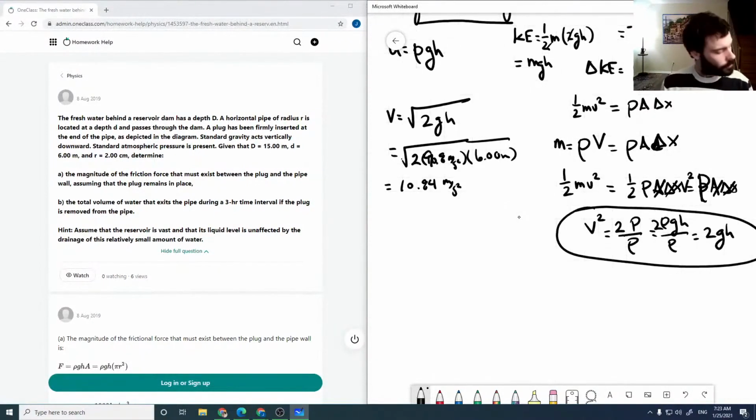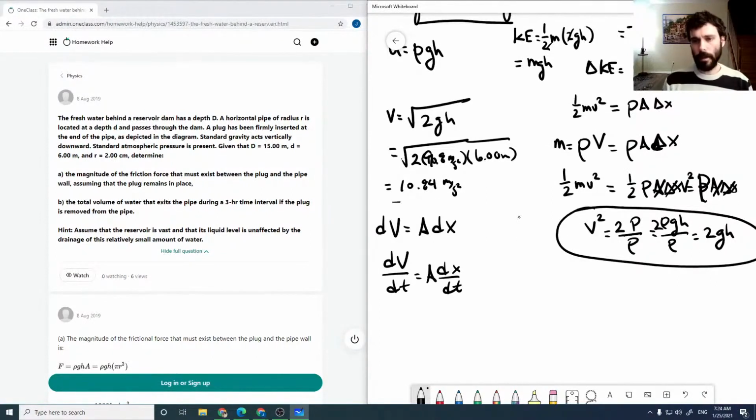So our change in volume, we used as our area times our dx. So our change in volume with time is our area times dx by dt. So our velocity is our dx by dt.